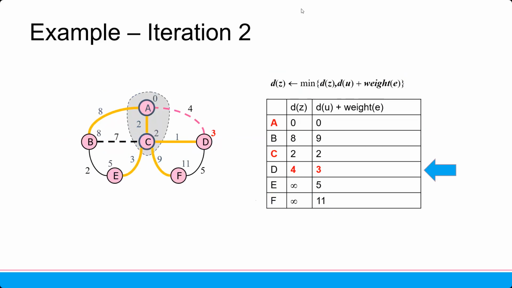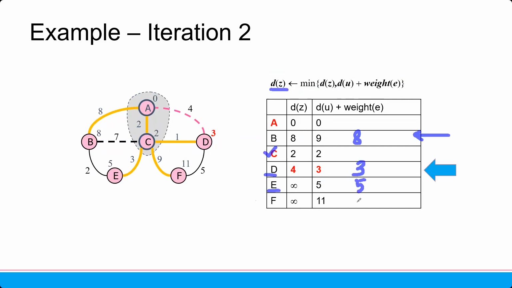Now we need to check again the minimum. Okay. At first, we select what is the minimum of B. The minimum of B is 8. Because we are now in C, so we do not check this one. What is the minimum from D? The minimum is 3. What is the minimum from E? It is 5.